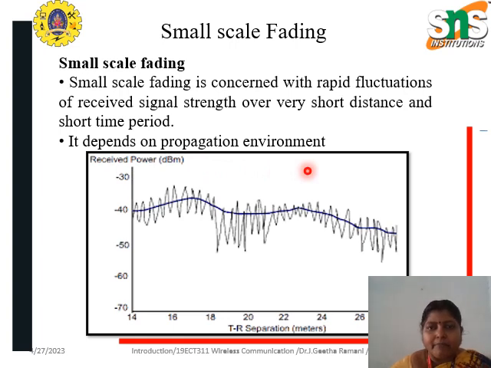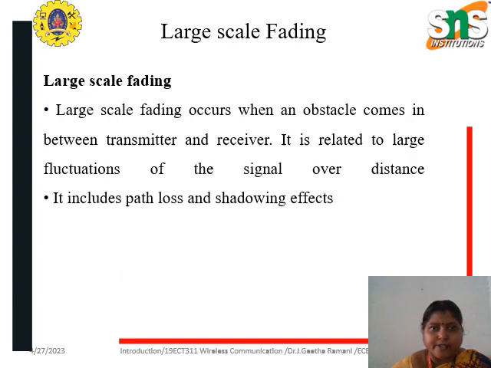So the parameters are a short distance, a short period of time and random fluctuations, whereas large scale fading occurs over a larger distance and there is an obstacle between the transmitter and the receiver, where a large fluctuation of the signal occurs. Here we are including the effect of path loss and shadowing.